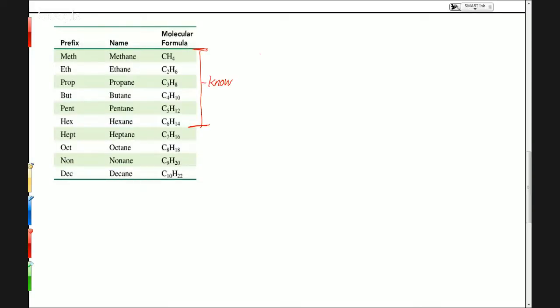So we're going to look at something called isomers.